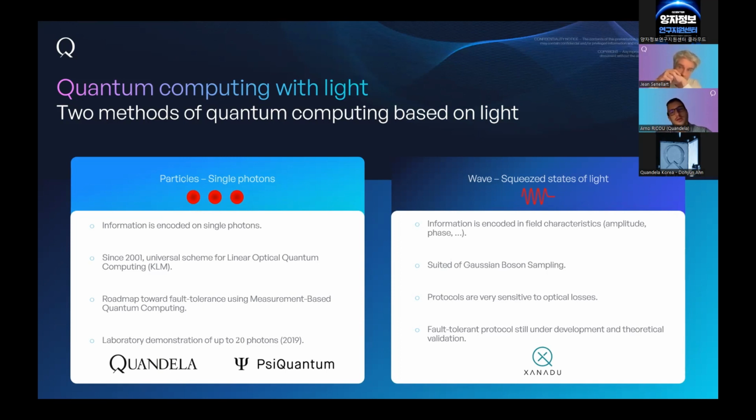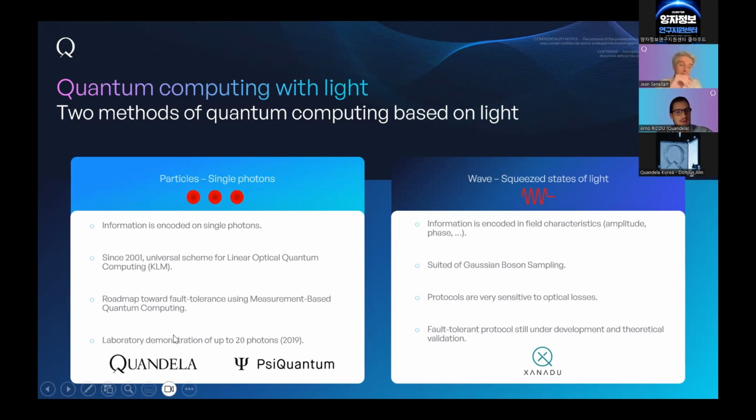Then there's another era, the fault-tolerant era, where we don't have errors anymore on the qubits. We know how to correct these errors, like we correct them today on the classical device you're listening to this conference on. That would be another era where there's of course a lot of expectation of all the value that's going to be created in quantum computation.